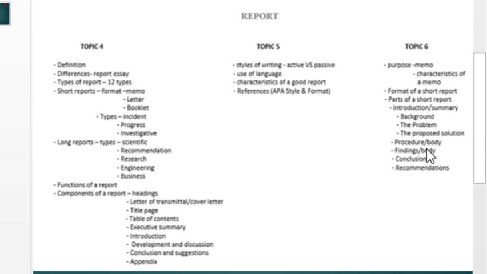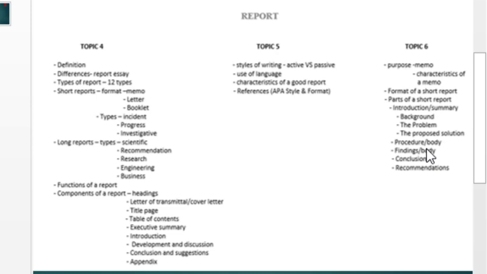But the questions, I believe they will test how much you can remember, how much you understand that particular topic, and also how much you can show your ability to use the knowledge that is included in each of these 3 topics.